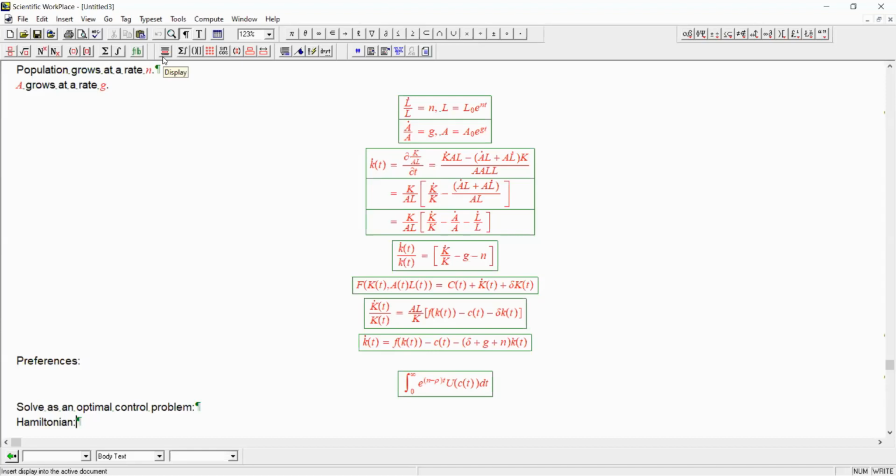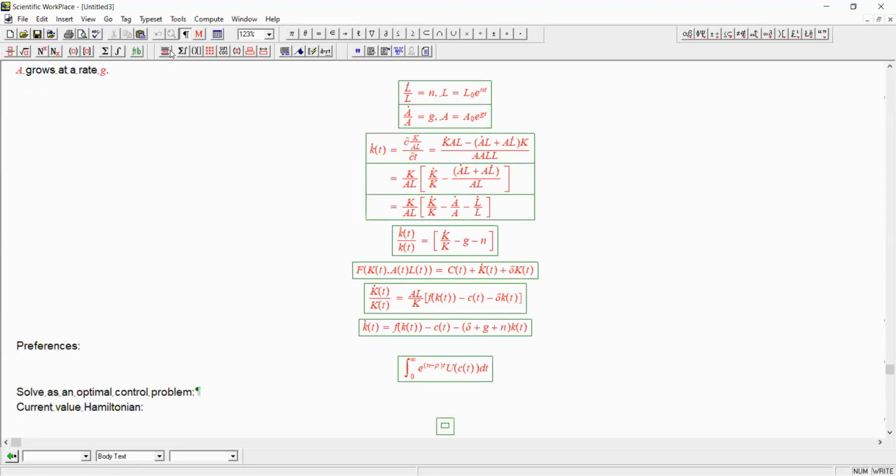Now we can write this down as a present value Hamiltonian or a current value Hamiltonian. I'm going to do this in the current value Hamiltonian way, given that this is an autonomous control problem. So the first thing we need to do is to write down the objective function, which in the current value Hamiltonian setting is just this. That's the integrand.